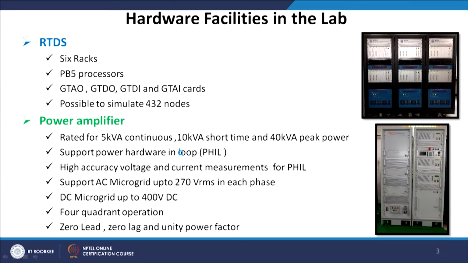If you would like to connect a DC microgrid to this amplifier, it can accommodate up to 400 volt DC. It has the capacity to operate in all 4 quadrants, and finally, it can handle zero lead, zero lag and unity power factor operations.